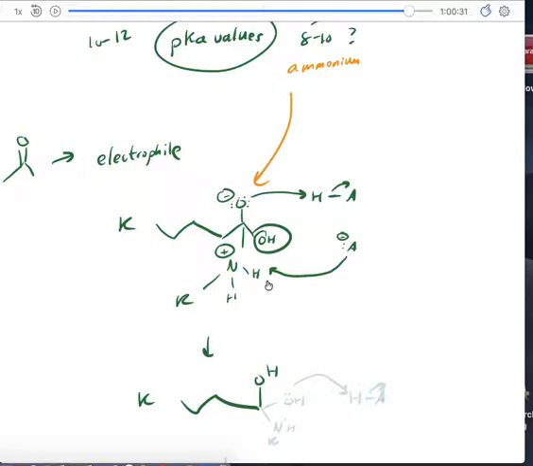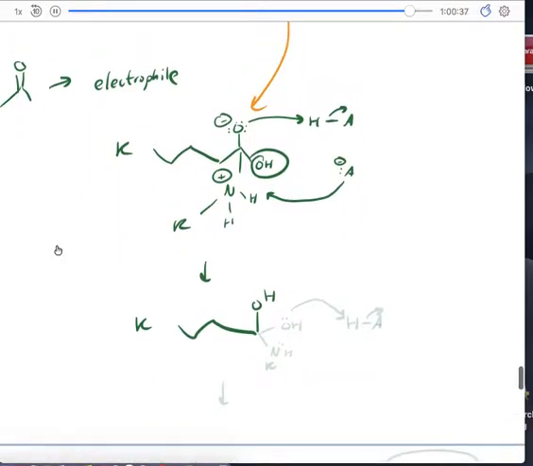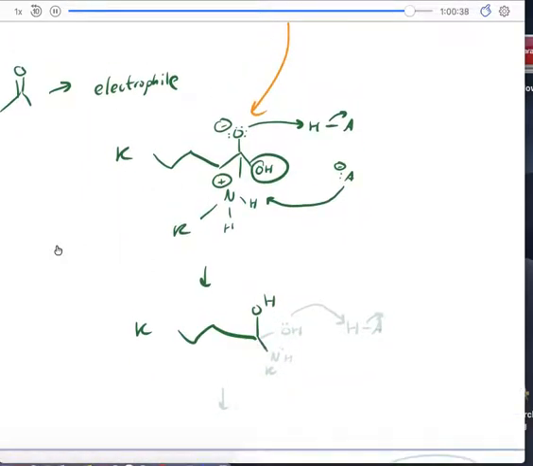There should be an extra arrow going from the nitrogen-hydrogen bond onto the nitrogen. I just didn't draw it in there.